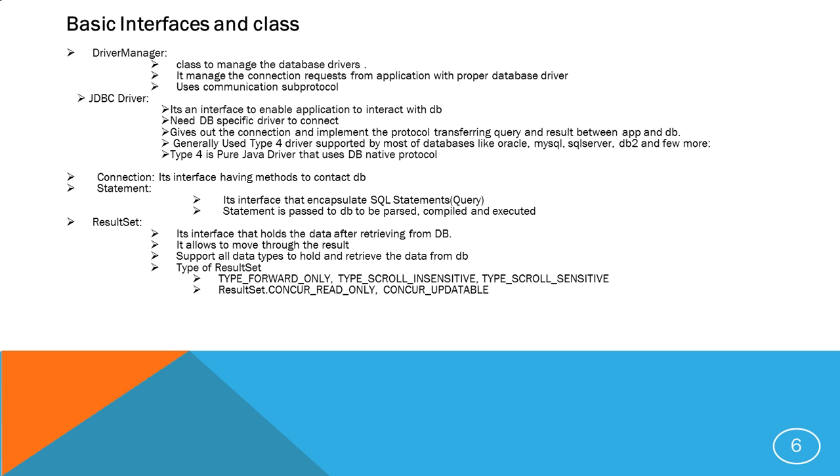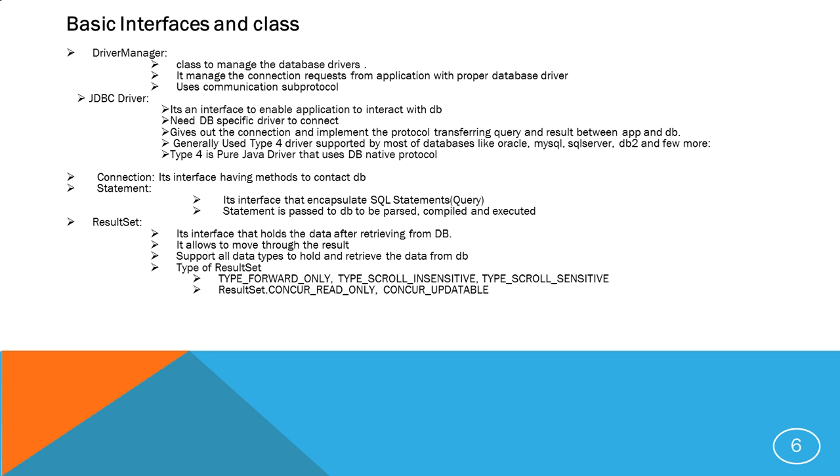ResultSet: once we execute the statement, we can get a result set. ResultSet is an interface that holds the data after retrieving it from the database. Once we make a query and execute it, the query will give some output, and ResultSet is the interface that holds that output, or data, after retrieval from the database.